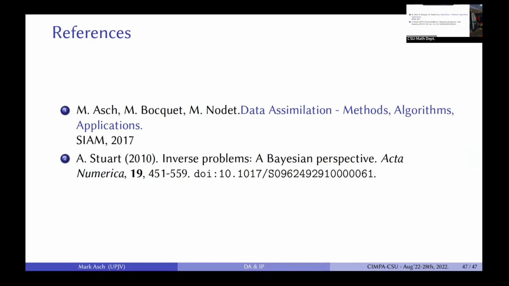And these are the two major references. My book is a very good book because it's very accessible and very easy, and I give a lot of simple examples. But as I said, there's the book of Law and Stewart, the same Stewart who wrote the existence theorem for Bayesian inverse problems.